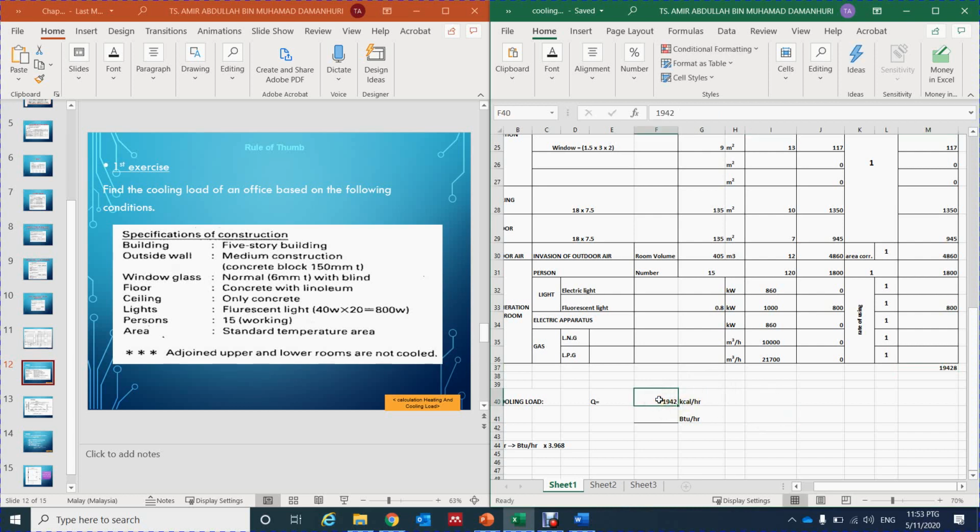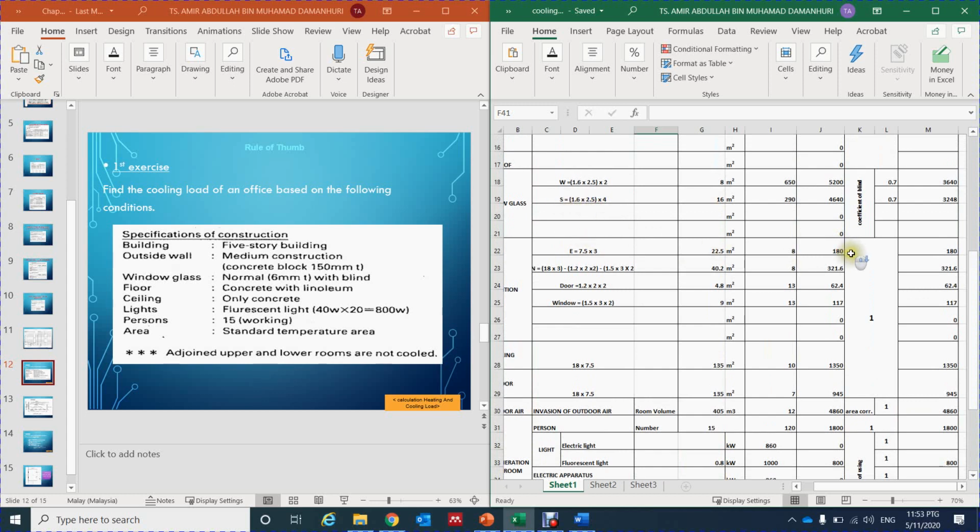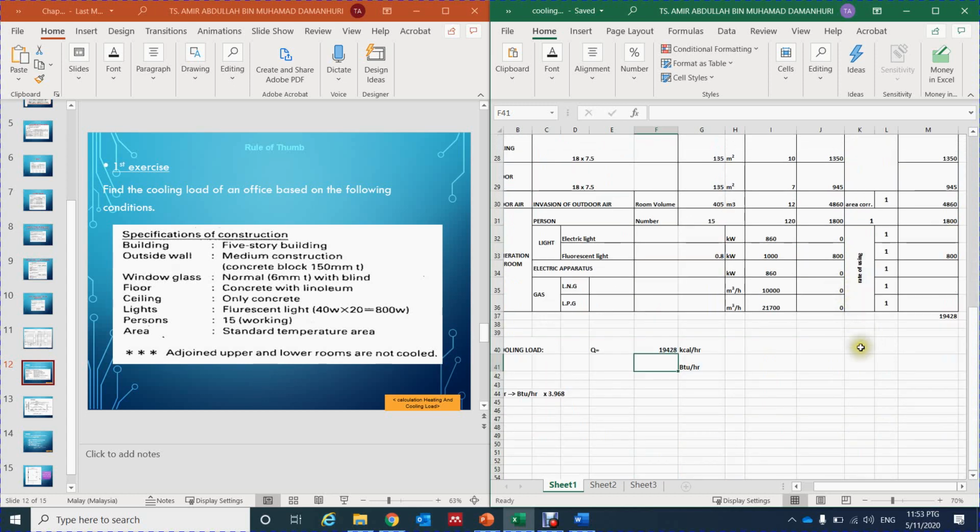If you don't want to calculate it, you just put the equal sign here, so it is automatic directly. If you have any changes here, because we are using the formula, we can get how much the cooling load in kilocalorie per hour.